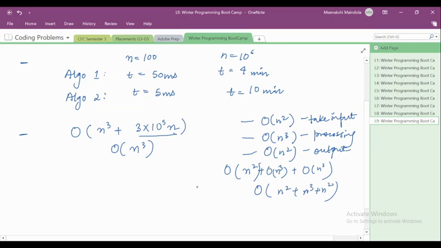In this case, if you say that it is going to take up this much time, then you can simply write it as order of n cube by removing the rest of the things. Okay, because we say that all of these things are going to work parallelly. So this is the same thing as we are talking about here, which is order of n cube time.